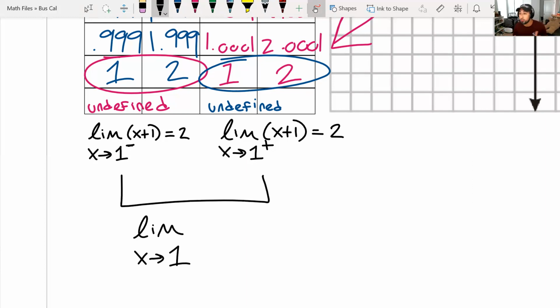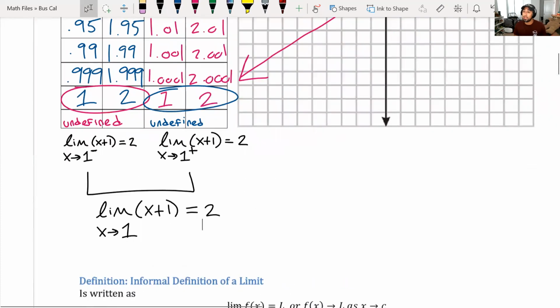If you just see a number by itself, this means you are approaching it from both sides, okay? So this says the limit as x approaches 1 from both sides of x plus 1 must also be equal to 2. And this is called the informal definition of a limit, which we have proven by left-hand limits and right-hand limits.